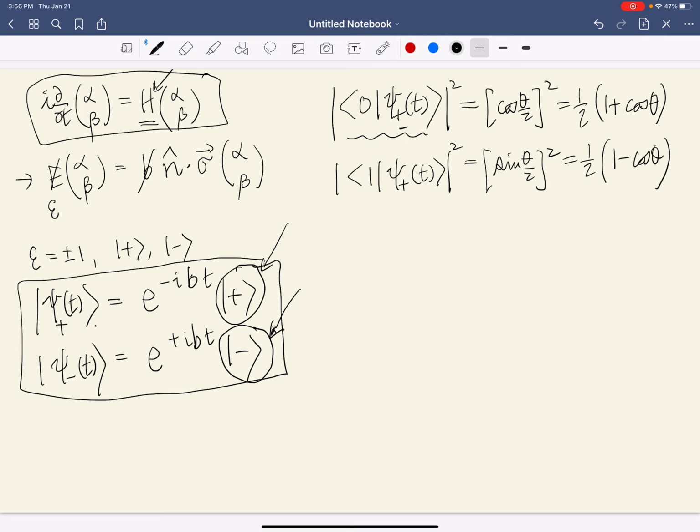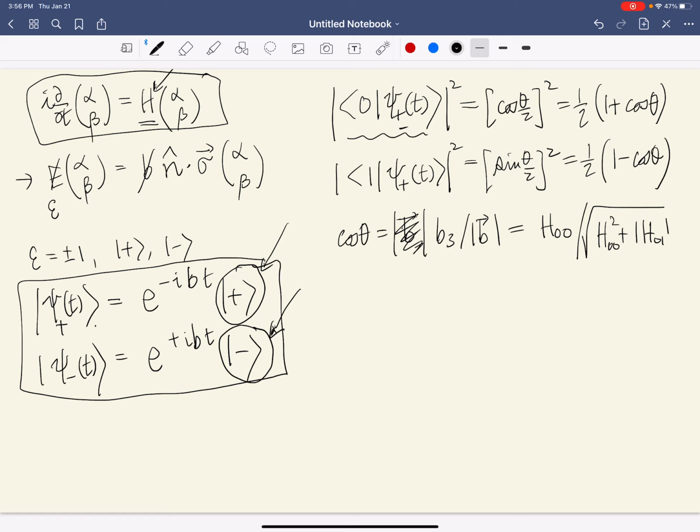Okay, and what was cosine theta again? Well, cosine theta was B3 divided by the amplitude of B. So this is actually the 0, 0 element of the Hamiltonian divided by the overall length of the elements, h00 plus h01 squared.